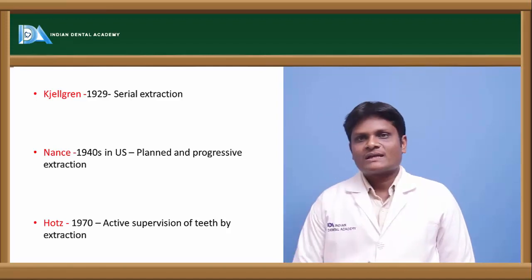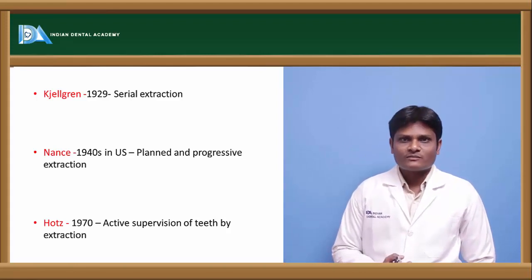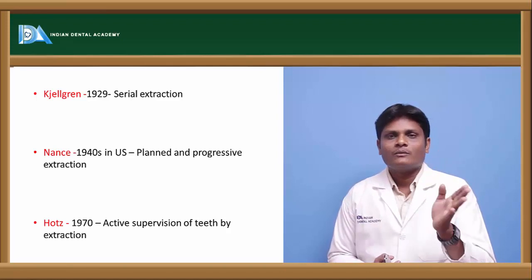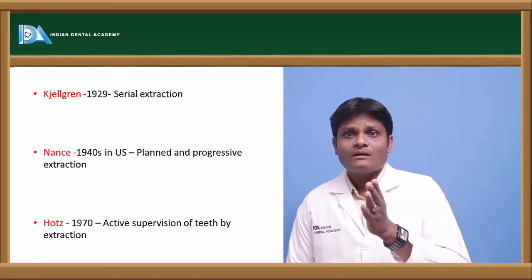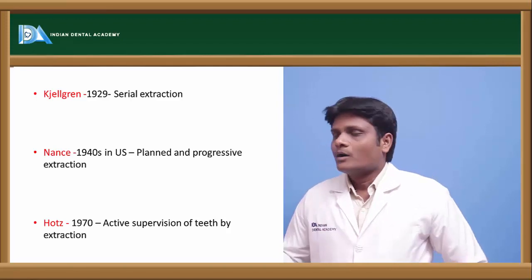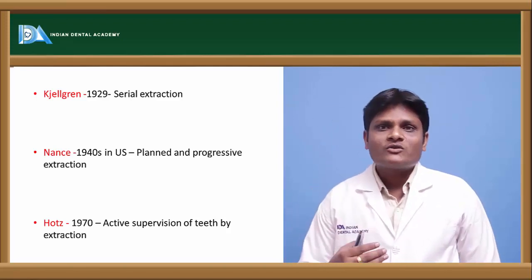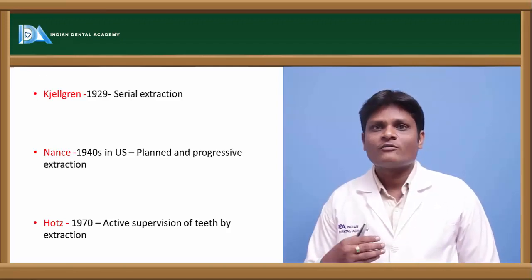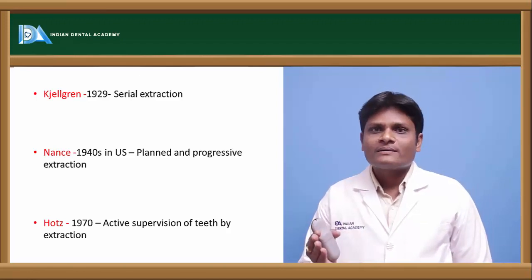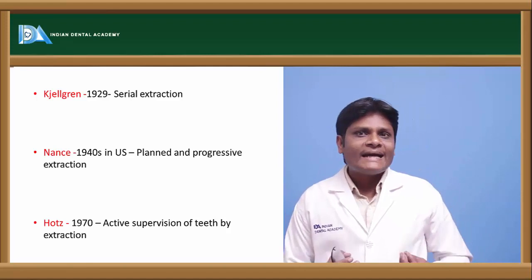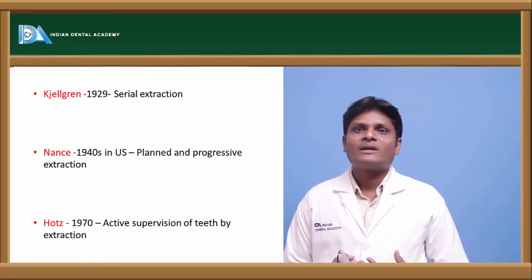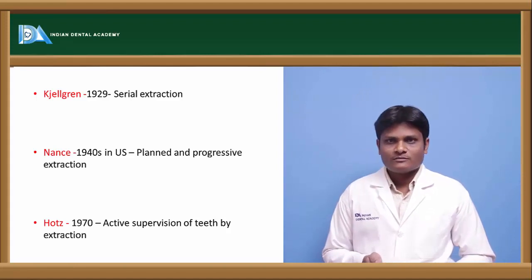In the process of serial extraction, what we actually do is, at a specified period of time, with a timely interval, we carry out progressive extractions of a few primary teeth in a predetermined manner, and we guide the erupting succedaneous teeth into a more optimal position in the jaw.